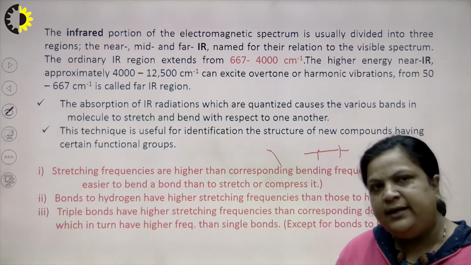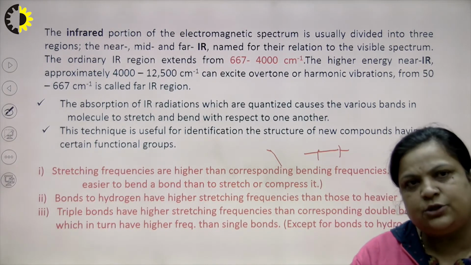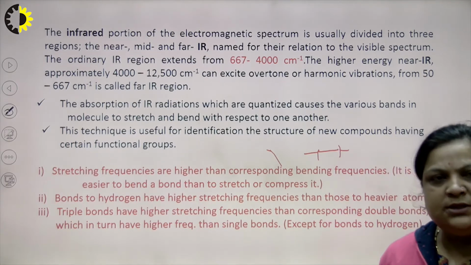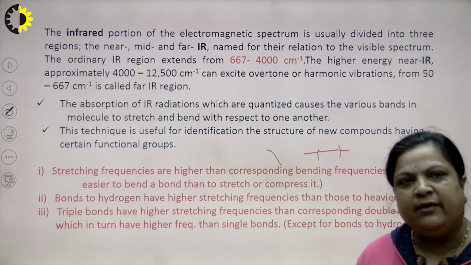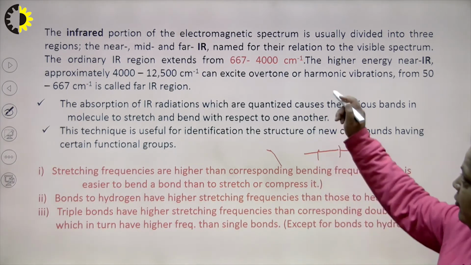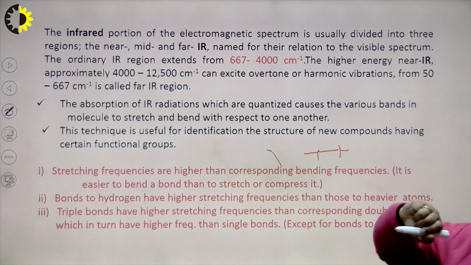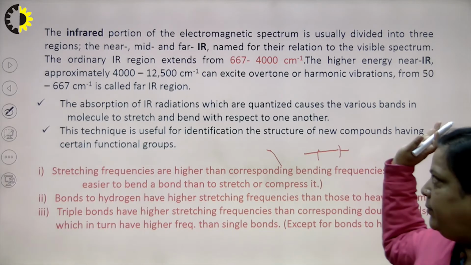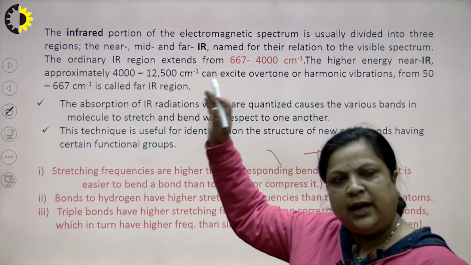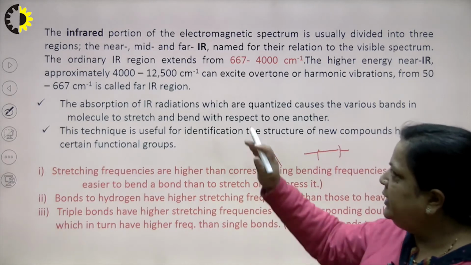The main IR region extends from approximately 667 centimeter inverse to 4000 centimeter inverse. And if we go towards a higher level, that is above 4000 up to 12,500 centimeter inverse, it is known as near IR, and below the lower value, that is below 667 up to 50 centimeter inverse, it is called the far IR region.